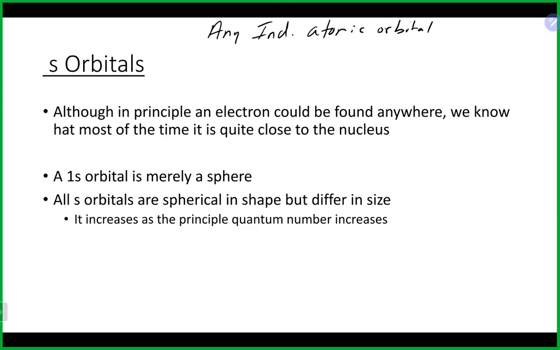Any individual atomic orbital can only hold 2 electrons maximum. This represents an individual orbital, and the arrows represent electrons. An orbital can only max out at 2 electrons.